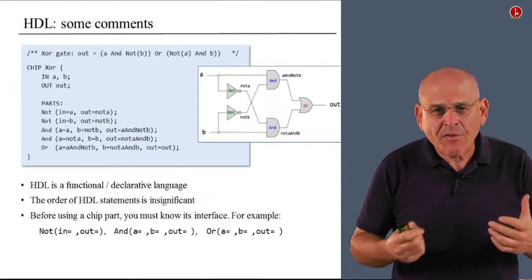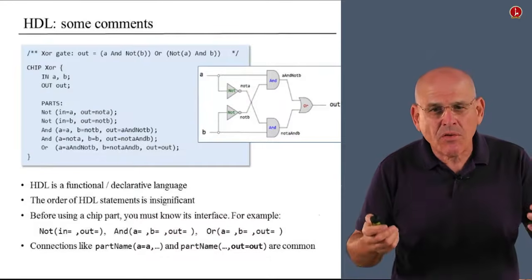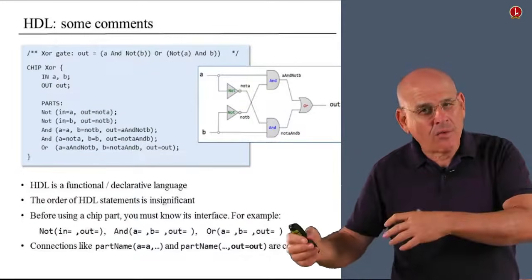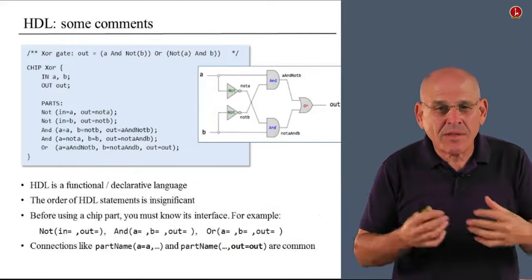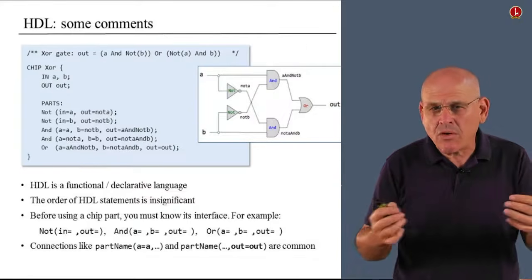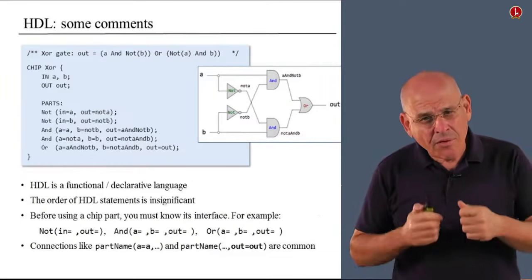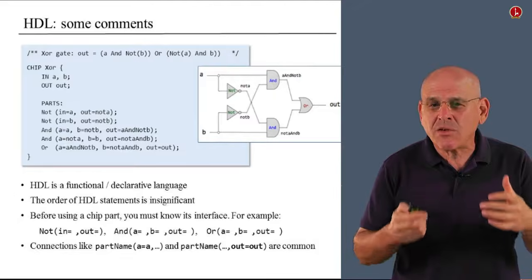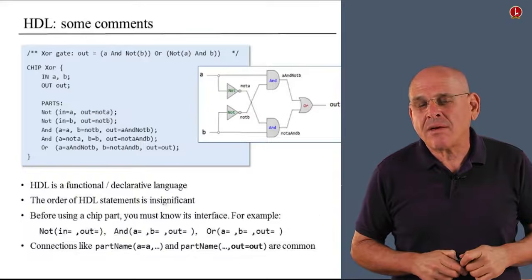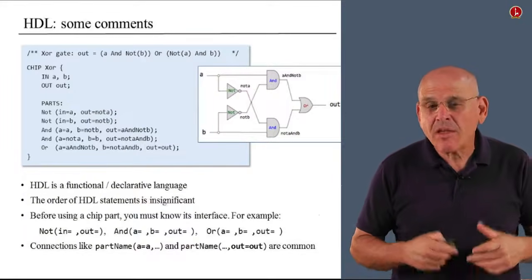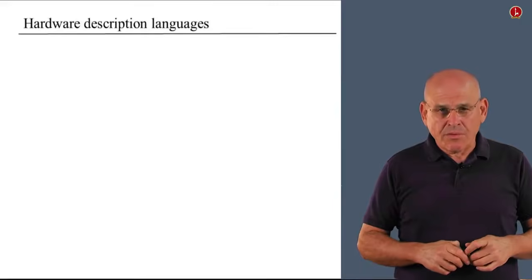And therefore, we are going to have many chip connections that look like A equals A and out equals out. Now, at the beginning, this formalism, these conventions will look a little bit strange. What does it mean, A equals A, out equals out? If you think about it a little bit, and if you go back to consult these diagrams, you will see that these connections make a lot of sense, and actually they are very convenient from a programming perspective. You will realize that once you get your hands dirty and write some HDL code of your own.